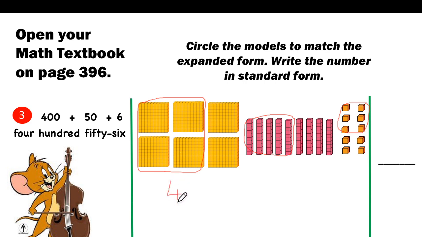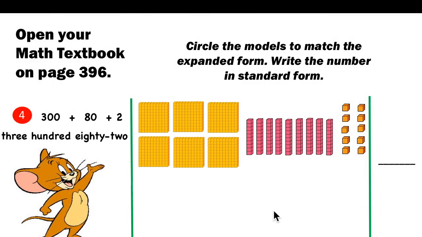We circled how many tens? 1, 2, 3, 4, 5. 5. We circled how many ones? 6. Now, put these numbers together and get the standard form. 4, 5, 6. 456. My page turned. I'm so sorry.